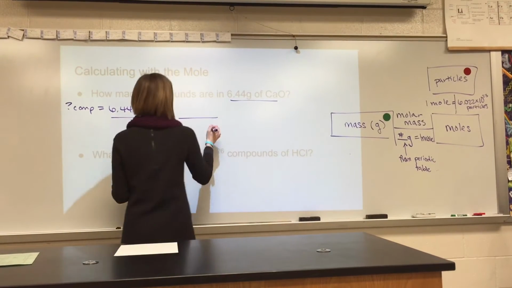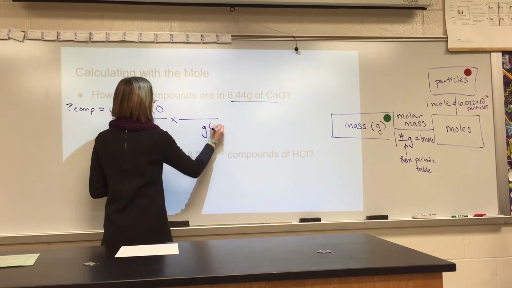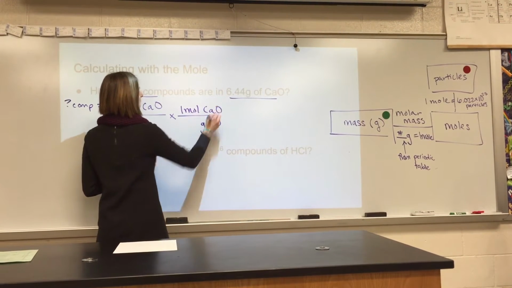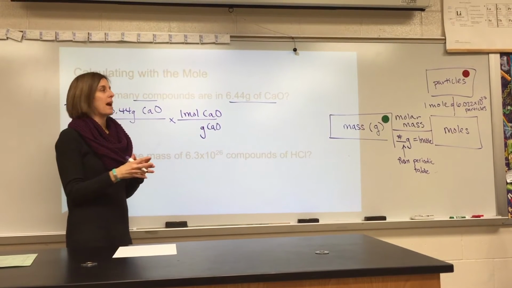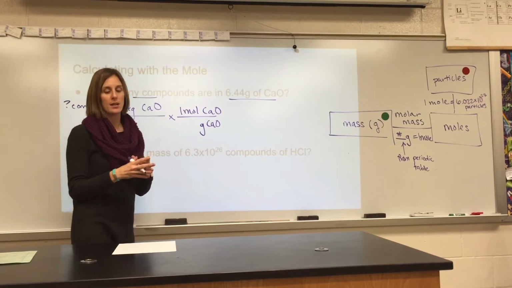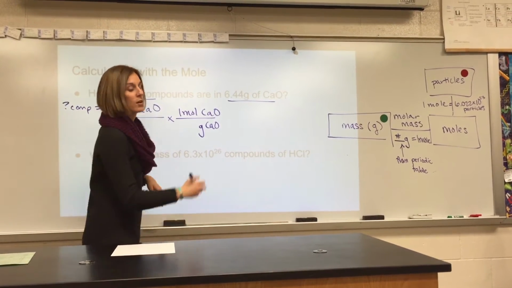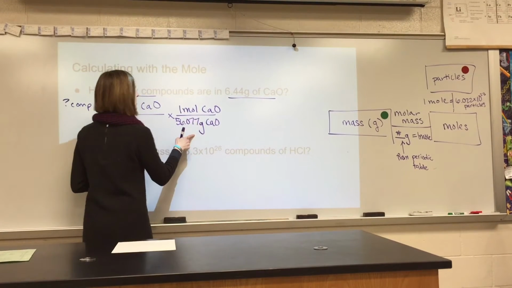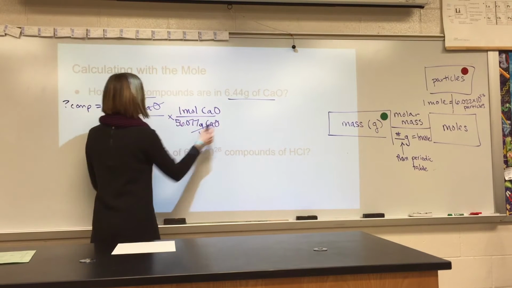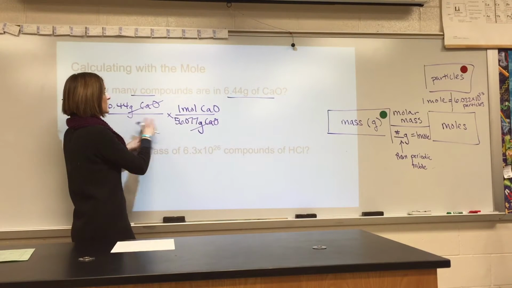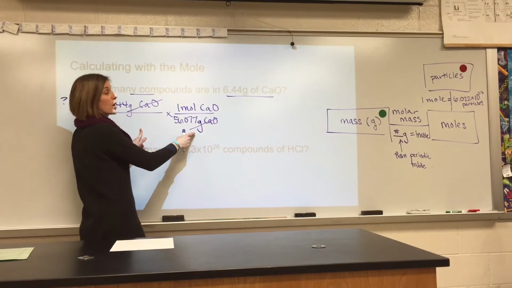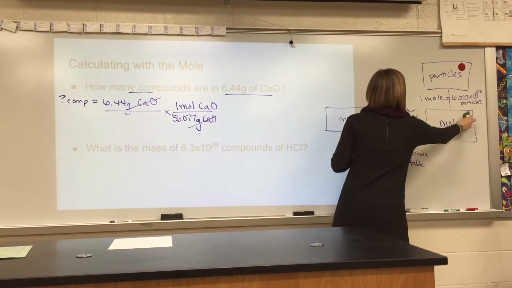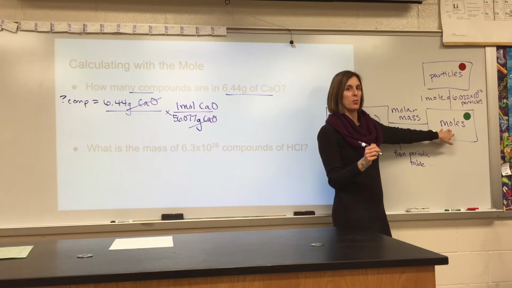So if I'm tracking my units, I'm going to have grams of CaO on the bottom and 1 mole of CaO on top. And again, I'll add together the mass of a calcium and an oxygen from my periodic table, and that mass gets me to 56.077 grams. My grams cancel, and what this first conversion tells me is when I do this math, I will no longer have my answer in grams, my answer will be in moles. So I've gotten myself into the mole box on my mole map.